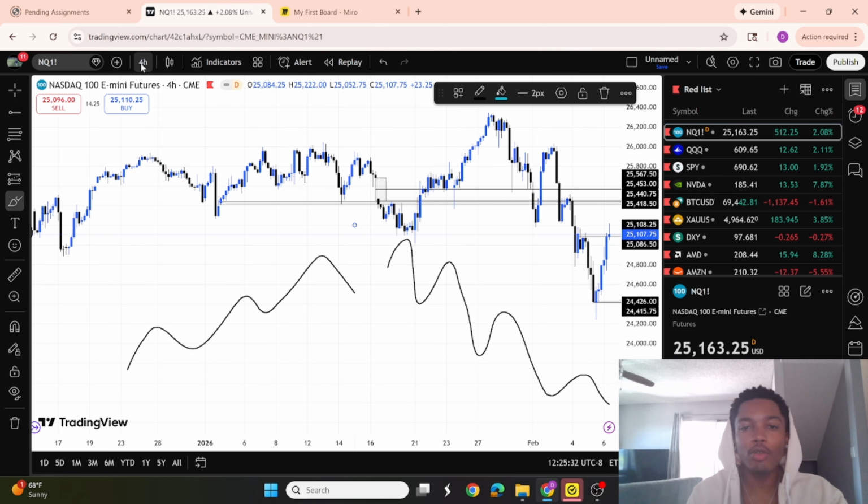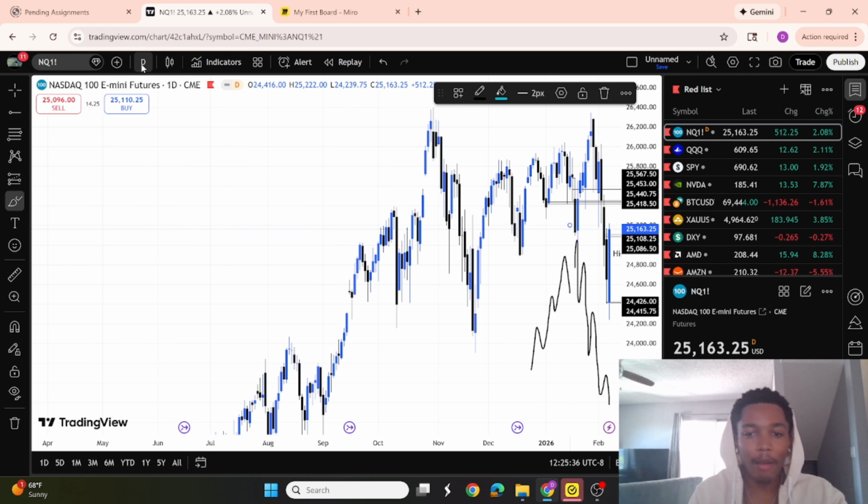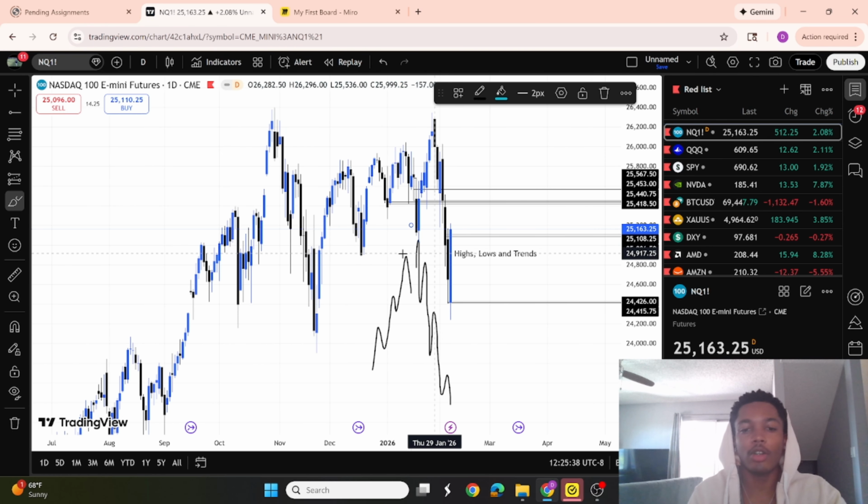Think of it as somebody who's been playing a sport longer. So if on the daily time frame we're in a downtrend, right? We see a high, a lower high, lower high here, and the 1 minute is in an uptrend. Who's the better player? The person who's been playing for a day or the person who's been playing for 1 minute?